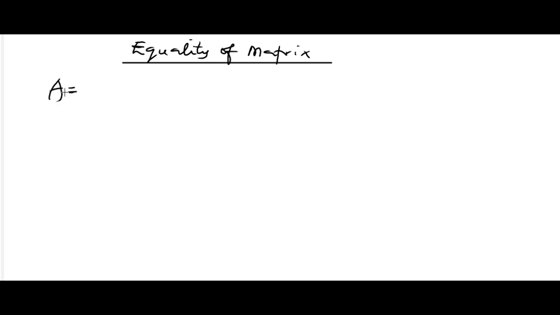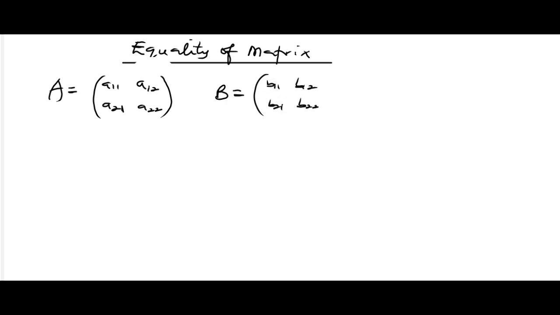So let's say we have matrix A to be A11, A12, A21, and A22. Then we have another matrix B: B11, B12, B21, and B22. So the first thing you are going to notice is that they have the same order.